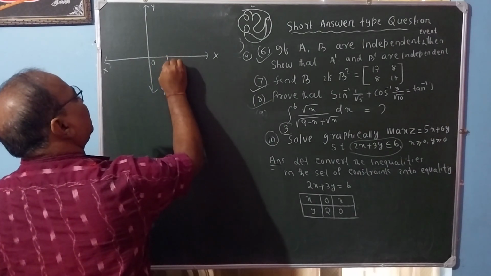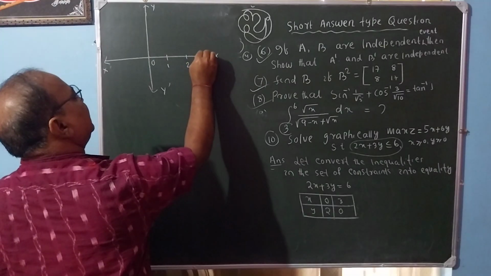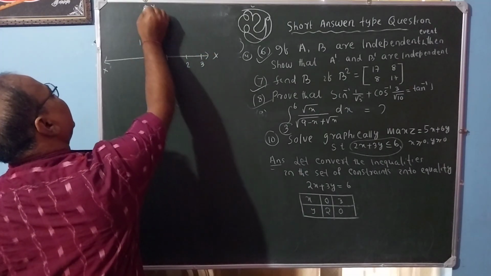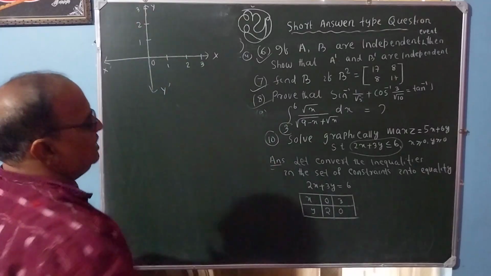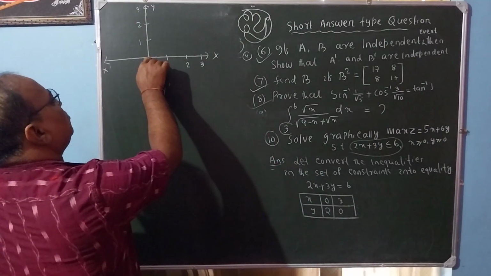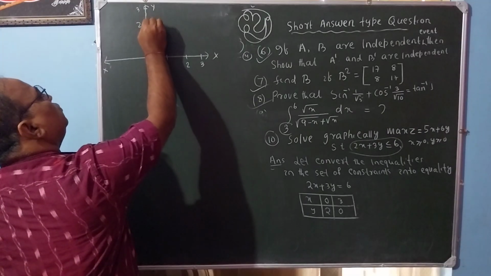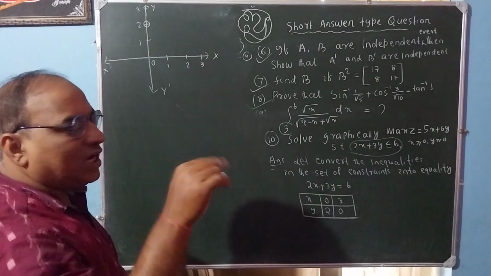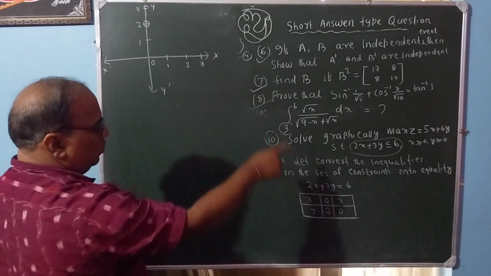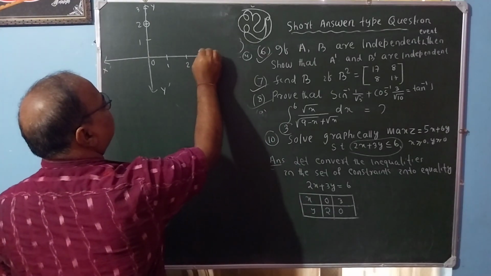Suppose it is 1, it is 2, here it is 3. Here it is 1, here it is 2, here it is 3. So when x is equal to 0, y is equal to 2. So you have to make one circle there. When y is equal to 0, x is equal to 3 here.